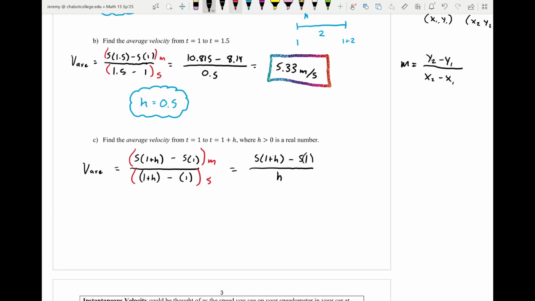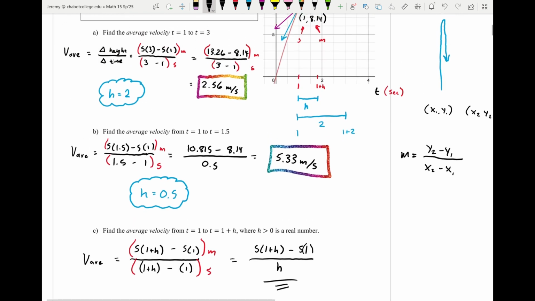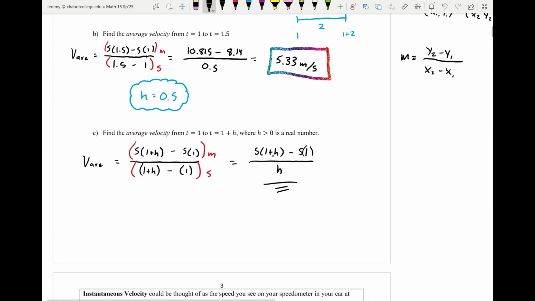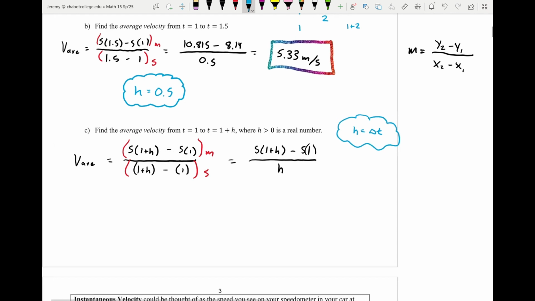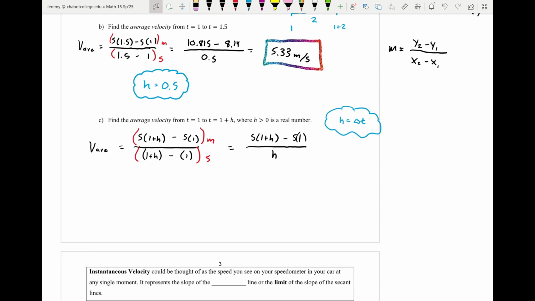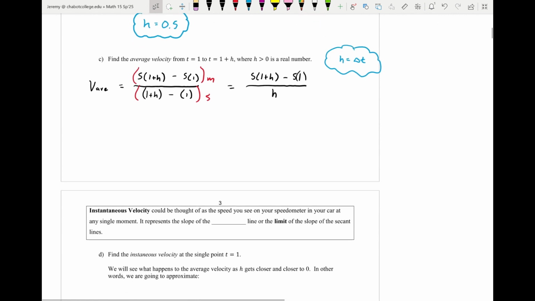So this is our formula here. One nice thing about this formula is that before, the denominator was the change in time. So h just represents the change in time. So h is equal to change in time. This can help simplify and streamline the process for computing a lot of average velocities, which is what we're going to do in a second.